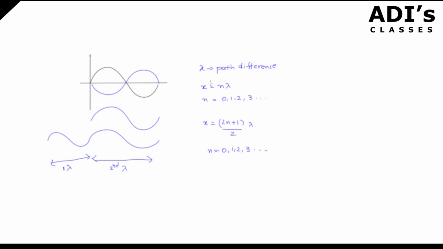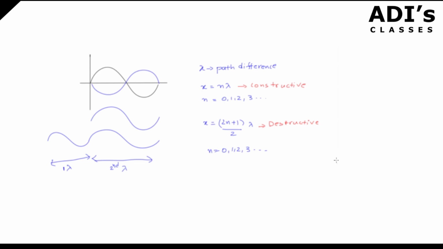Same thing for a destructive interference. Destructive interference is basically a dark fringe. For that, if you have a crest, then we should have a trough, or when you have a trough, we should have a crest. So it should be something like this. This is where both of them will cancel. For such cases, it should be an odd multiple of lambda by 2.